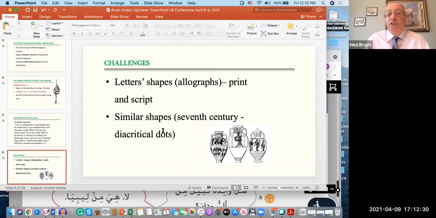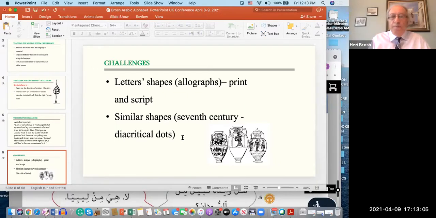There are many letters with similar shapes, and only in the 7th century were the diacritical dots added to differentiate between these shapes. And then there is how to connect these shapes. There are different levels of connectivity: full connectivity, partial connectivity, and no connectivity whatsoever, like the verb zara, where the letters are alone. Yadhabu has partial connectivity, and kataba has full connectivity.